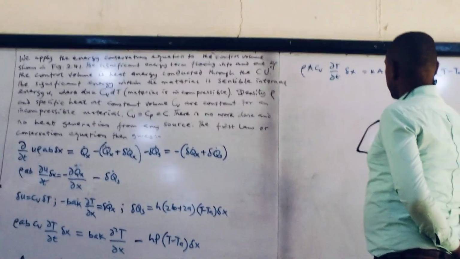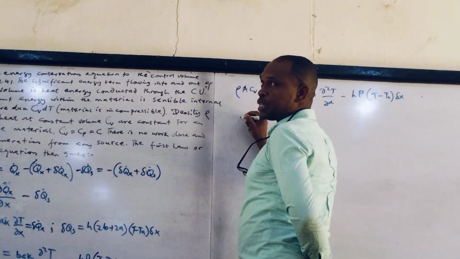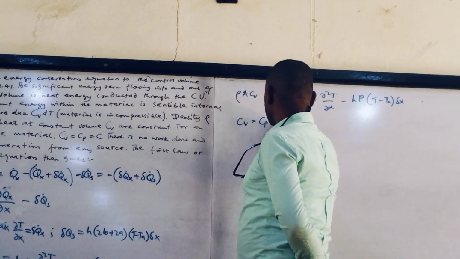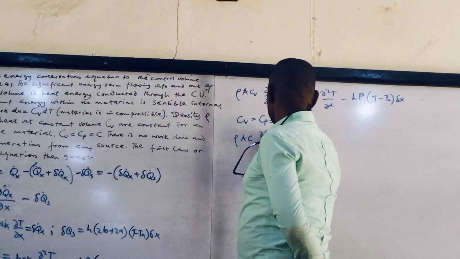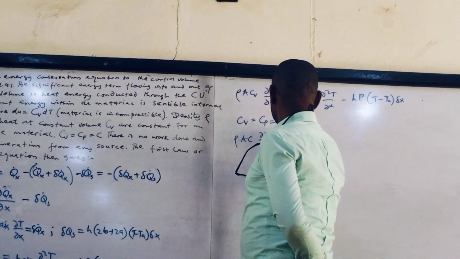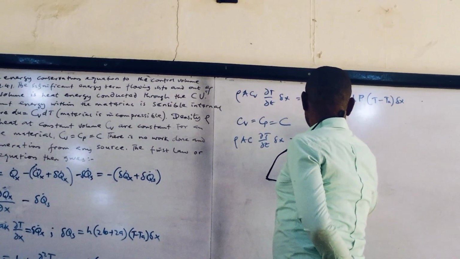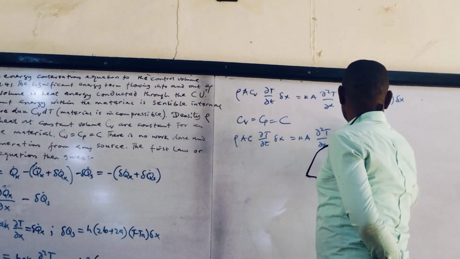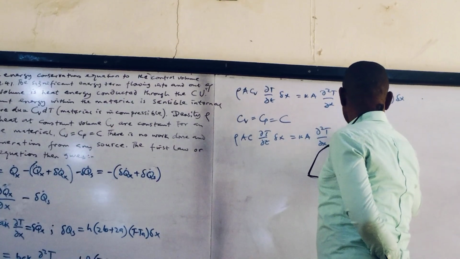And of course, we know that for an incompressible medium, CV is equal to CP is equal to C. So we now have rho AC dT dx equal to KA d squared T dx minus HP into (T minus TA) dx.